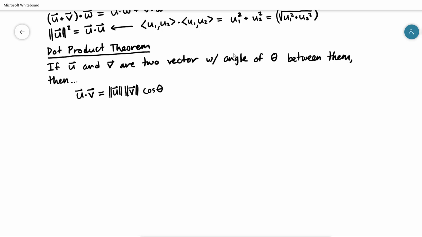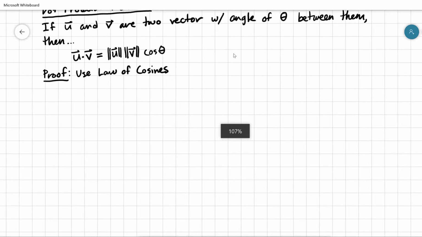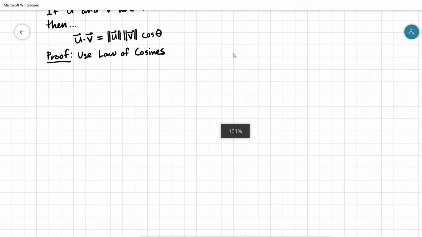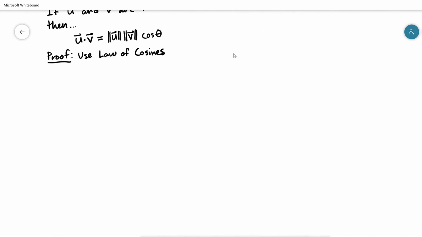And to prove this, to justify that this is true, I want to draw a picture, and then I want to use the law of cosines that we talked about in class back in chapter 6, which says basically if we've got a triangle, so let me draw our scenario here.